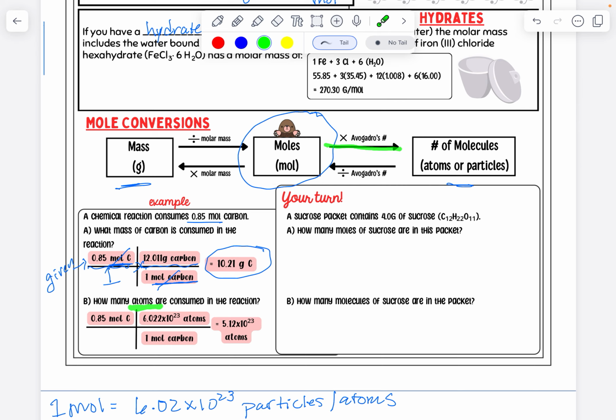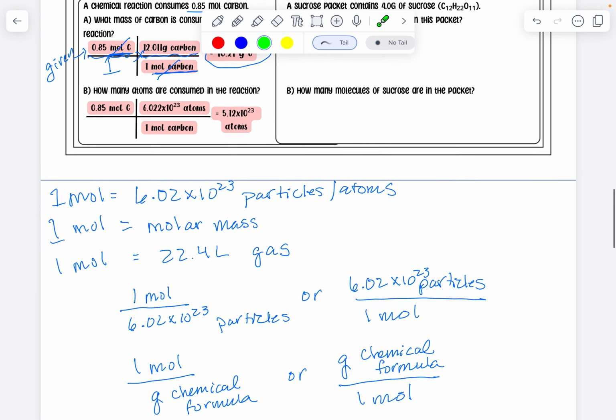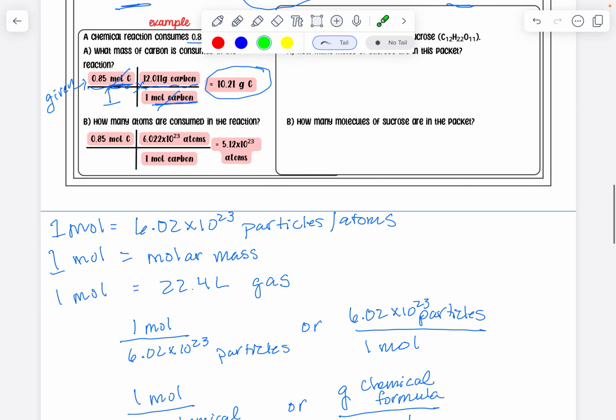So I'm going this way. And it says I have to multiply that by Avogadro's number. Well, how do you know that? Well, I know down here that if I'm starting with moles, I have to put moles in my denominator to have these moles cancel out. And I want atoms on top. And I know here that I have 6.02 times 10 to the 23 particles or atoms or anything for every 1 mole.